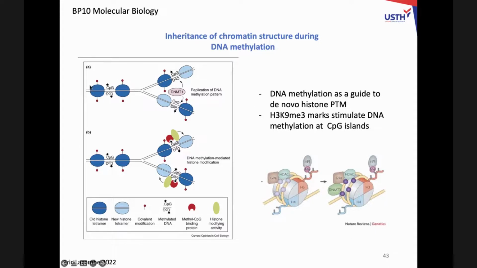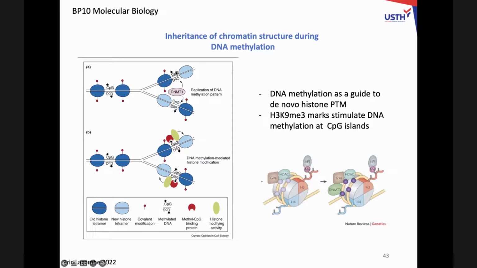So chromatin is compacted, and the consequence of compaction of chromatin is that DNA in this region is more methylated than other places. Then, after replication, you have only one strand of DNA which is methylated, and the other strand won't be methylated. It's semi-conservative replication.